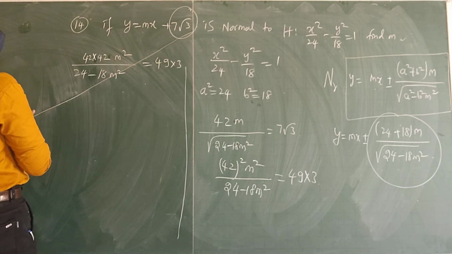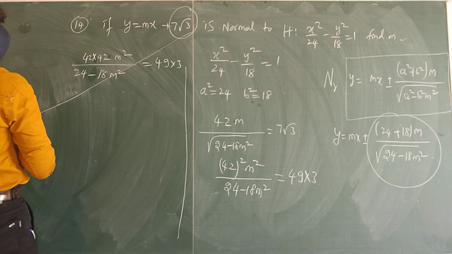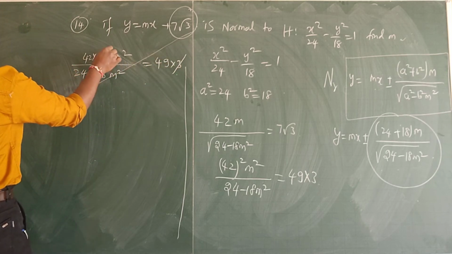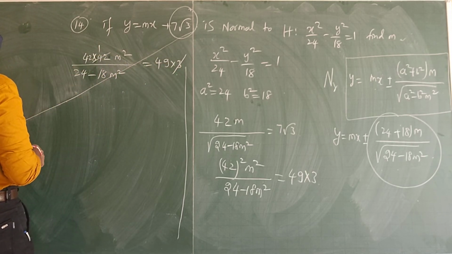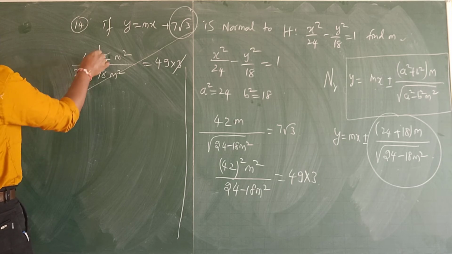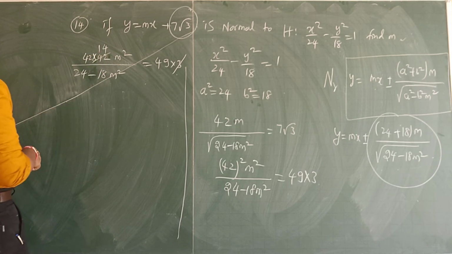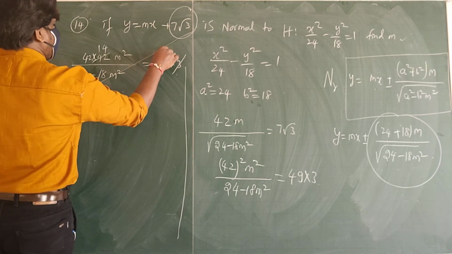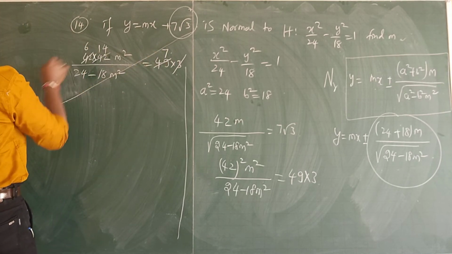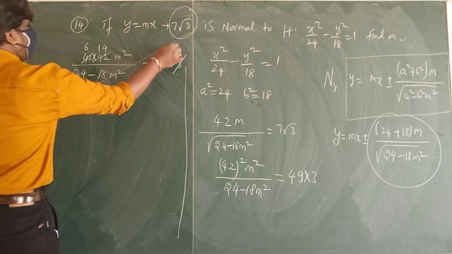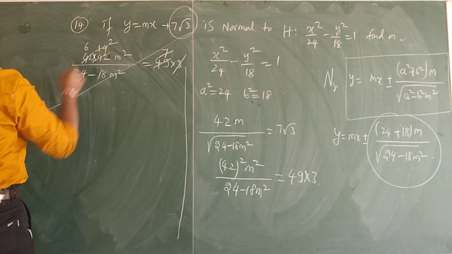Check whether it is possible to cancel or not. Yes, of course. 3 ones are cancel, 3 fours are cancel, 14 times. And 7 table, 7 sixes are 42, 7 ones are 7, 7 twos are 14.